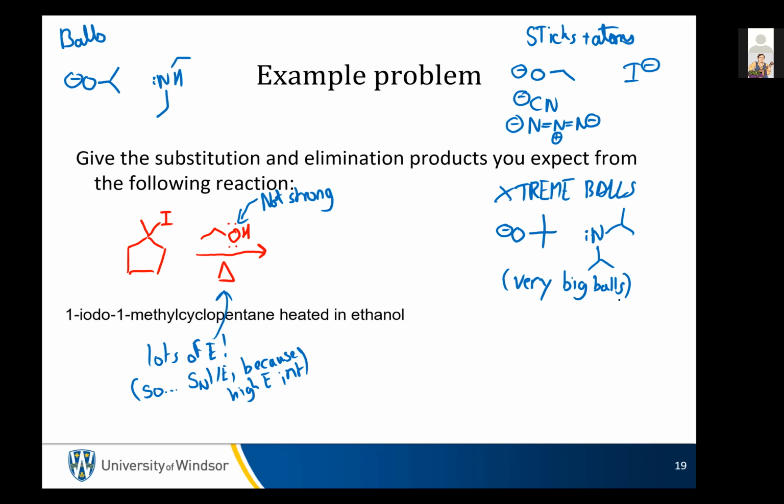Right. So, not strong. That's our nucleophile. It's also our solvent because there's nothing else here. And it's a protic solvent. And it's our solvent because there is no other solvent. It's the major component of the mixture. So we got a protic solvent, we got a not strong nucleophile, we got lots of energy. We have a tertiary leaving group, tertiary halide.